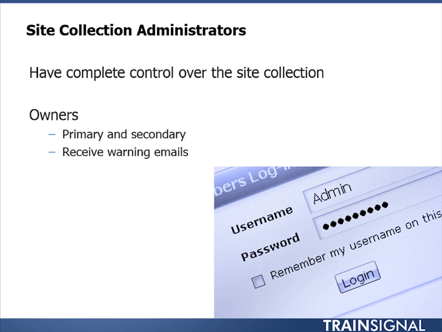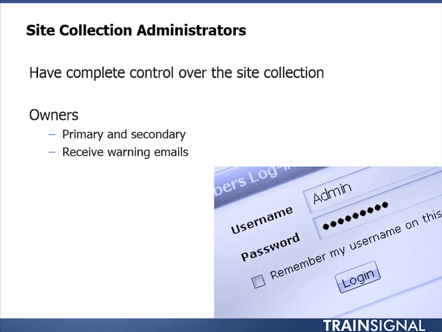then don't make them a site collection administrator. Now, in addition to our normal site collection administrators, site collections can also have owners. Now, at the end of the day, an owner is a site collection administrator. But, to quote Animal Farm, as it turns out here, some are more equal than others. Owners will automatically receive any warning emails.